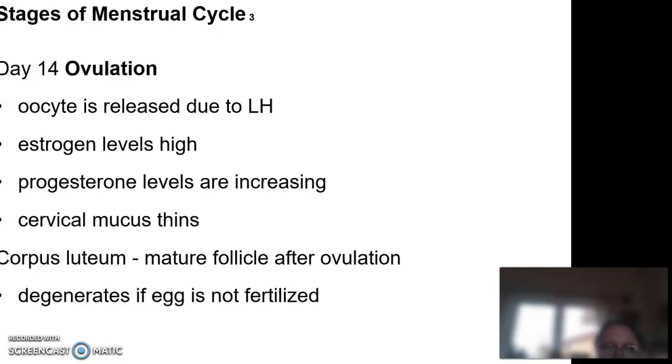It's when you're more likely to be able to conceive. The egg is released due to the luteinizing hormone. Estrogen levels remain high. Progesterone levels are increasing. Cervical mucus thins out. The corpus luteum, the mature follicle after ovulation, degenerates if the egg is not fertilized. So it just washes out, basically.